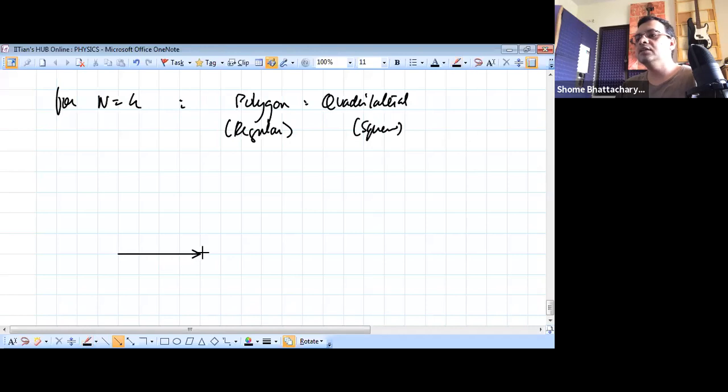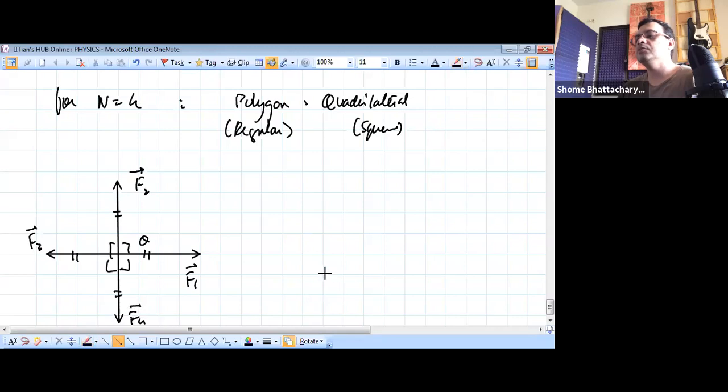If you have 4 vectors which are coplanar and of the same magnitude and making identical angles with respect to each other, any two consecutive vectors at the same angle, naturally they'll all be at 90 degrees to each other. So the vectors will be like this. These were 4 forces at theta equal to 90 each of the same magnitude. Drawn head to tail, they would just form a closed square like this.